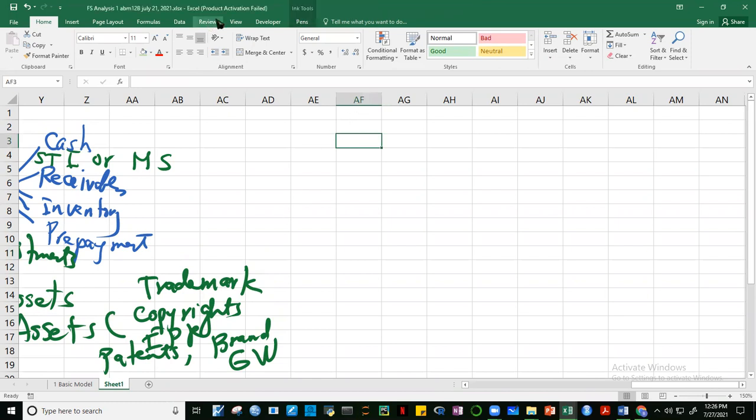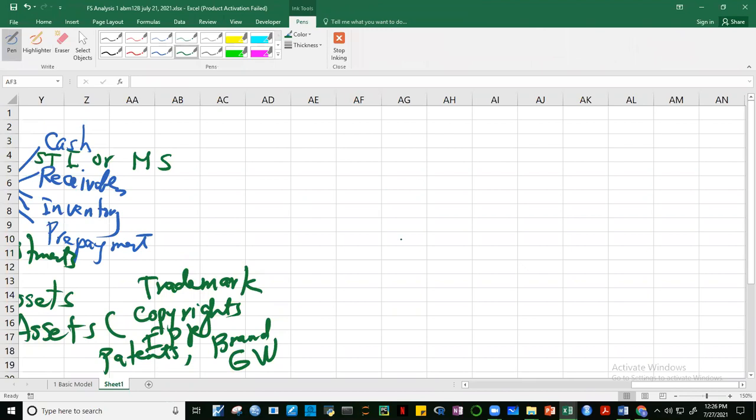I thought nagawa ko na to. Okay, so kasi we might tend to ask, ano ba to? Source of cash or use of cash? So my general rule dyan, guys, madali lang yun, no? So ang general rule is that if you're dealing with assets, if your assets increase, then this should be a use of cash.